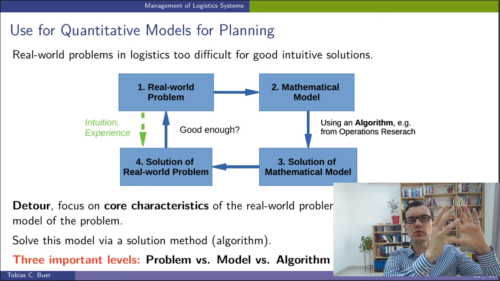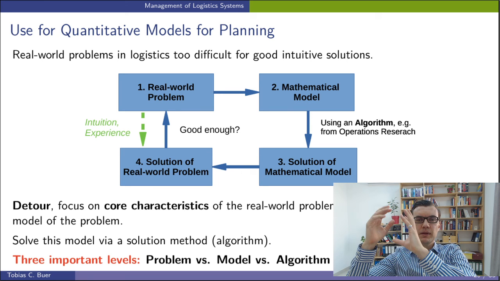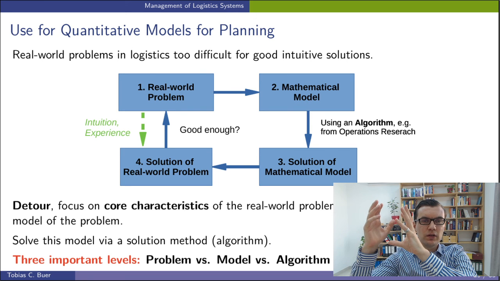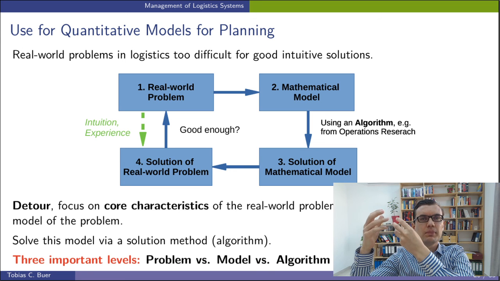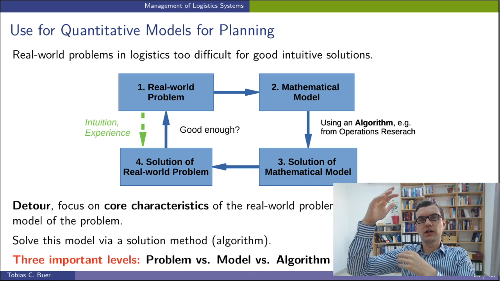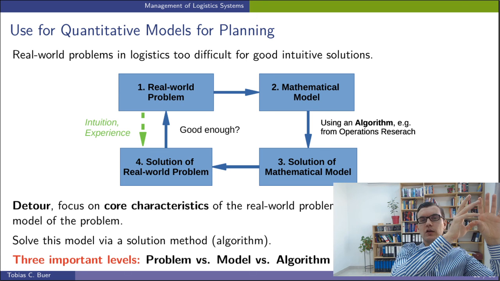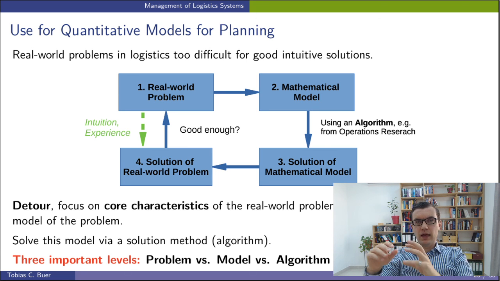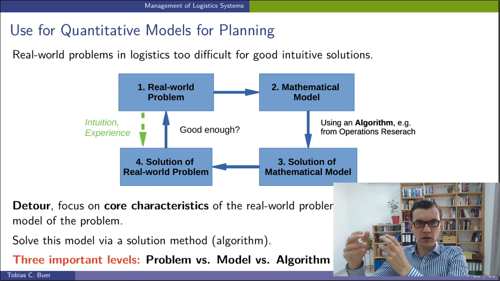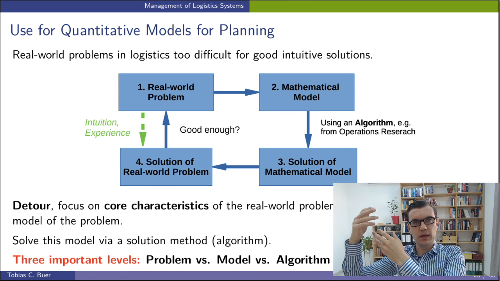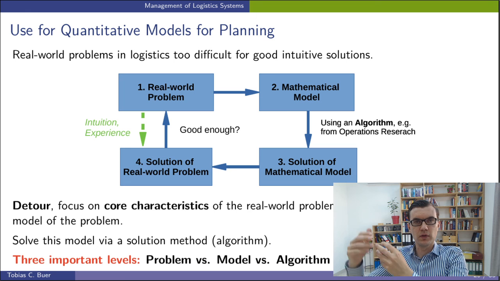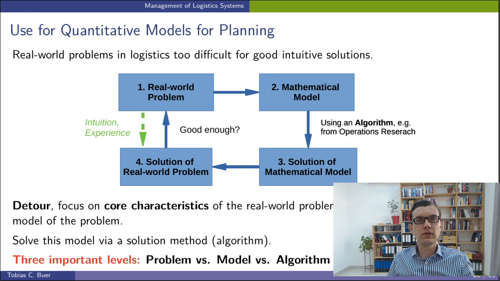This is the issue that we want to solve, that we want to improve. We build a model for this real-world problem. And what you need to keep in mind is that we can build several very different models for the same real-world problem. And then, depending on the characteristics of the model, we have to choose a solution method to solve this model.